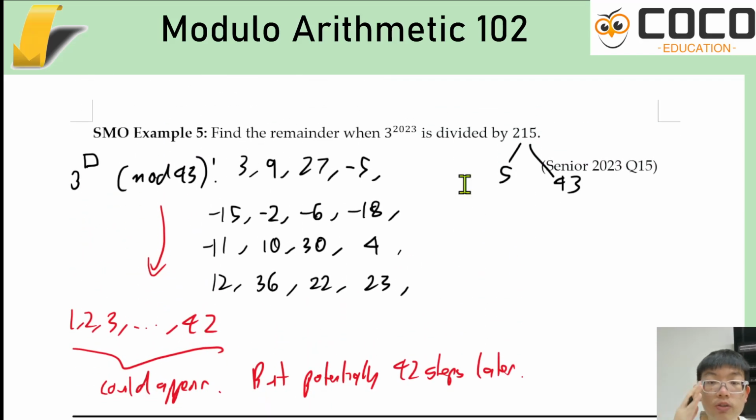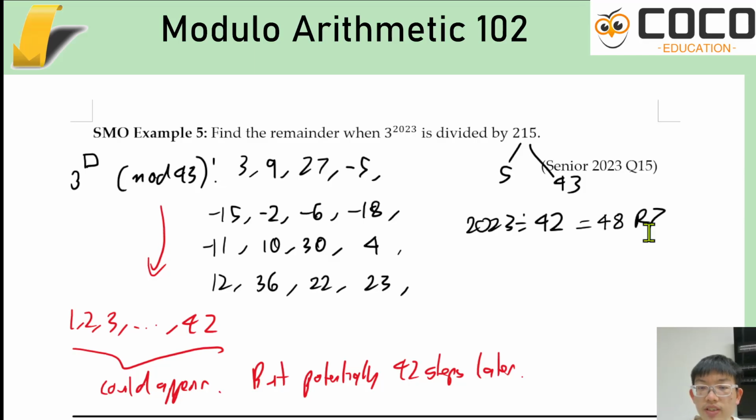Because if now I were to look at this question, I could say that, okay, what is 2023 divided by 42? I should have probably calculated this in advance. It is 48, remainder 7. So it means that straight away, the 7th guy in a sequence of 42, even though maybe it repeated after 14 steps. No, it didn't repeat after 14 steps. I wrote 16. Maybe it repeats after 21 steps. But I do know that the actual length is a factor of this.